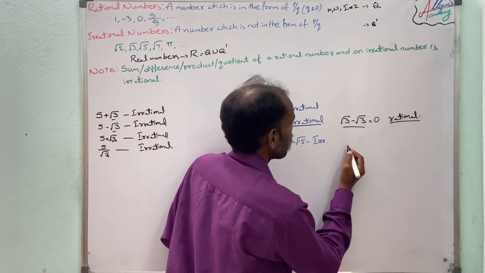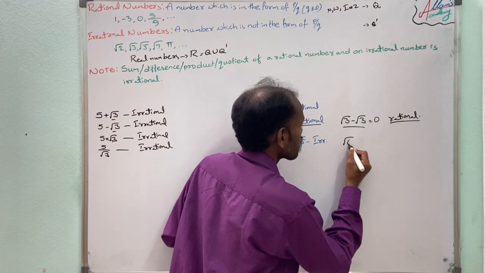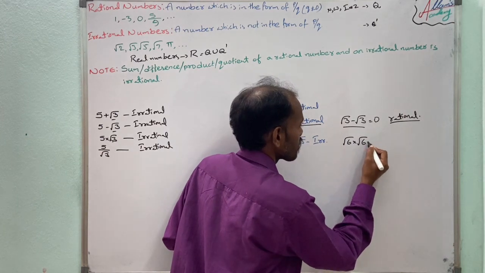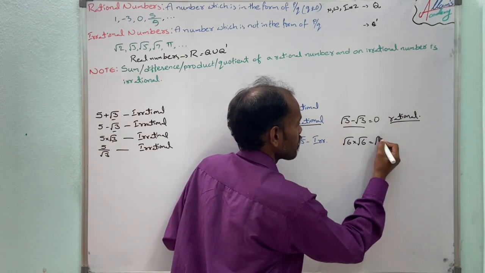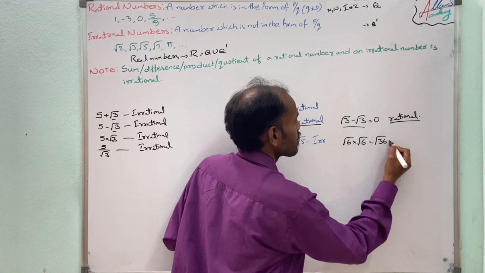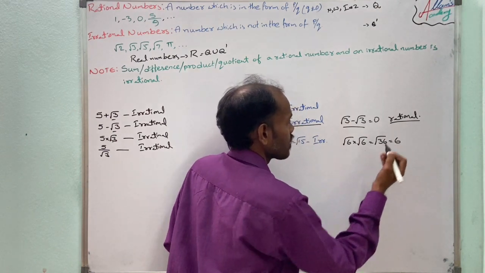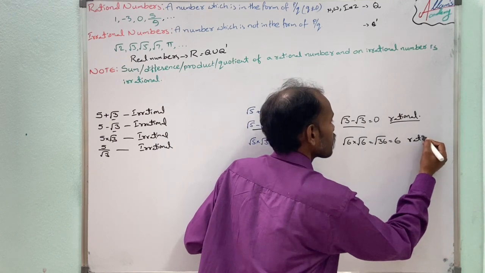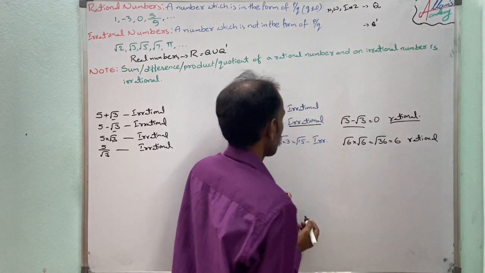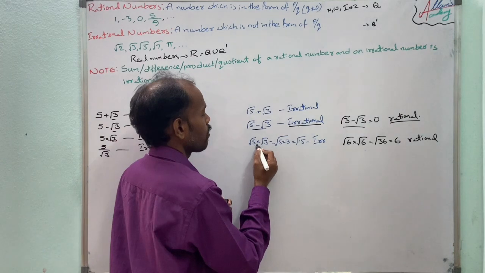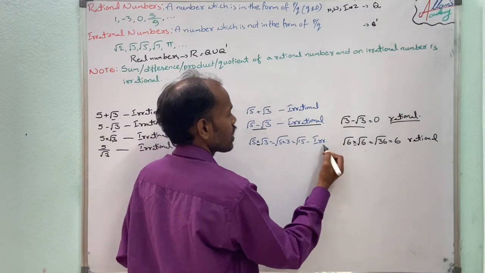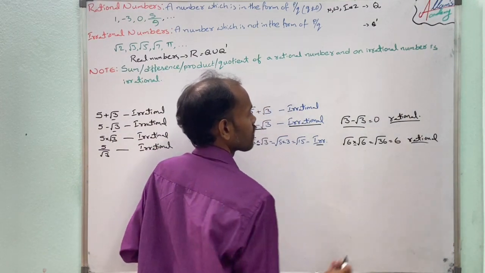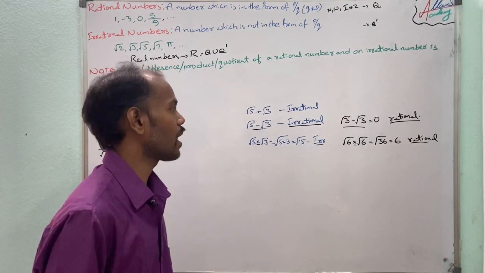Now if we take the irrational numbers root 6 and root 6, root 6 into root 6 is nothing but root 36. Root 36 means it is 6. Now 6 is a rational number. So here also the product of two irrational numbers, either rational or irrational, will come.